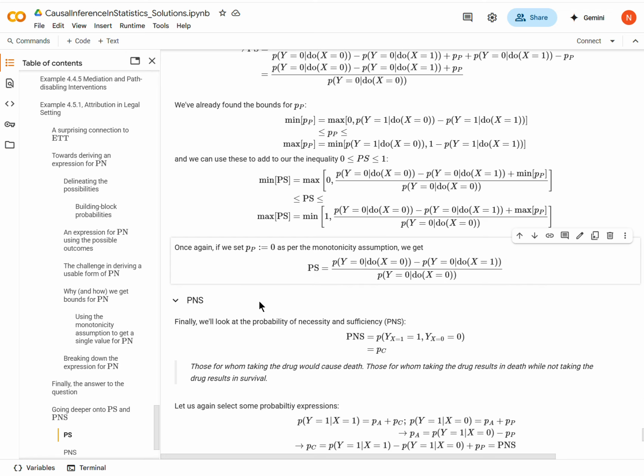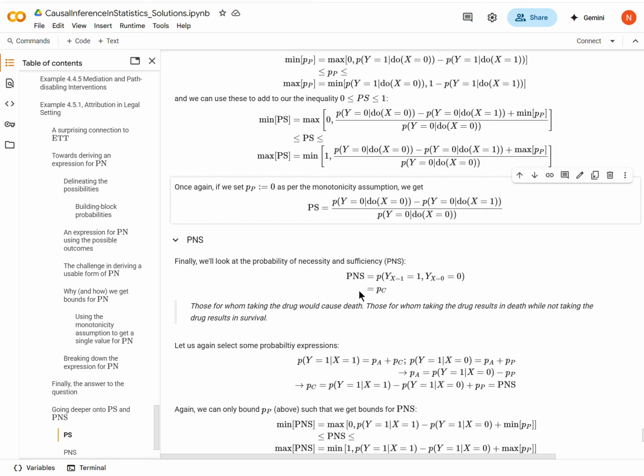Okay. Now, finally, we want the probability of necessity and sufficiency. So this would be people for whom, if they took the drug, they would die, but if they did not take the drug, they would not die. And this is just those for whom the drug causes death. Right, that is the expression of PNS here.